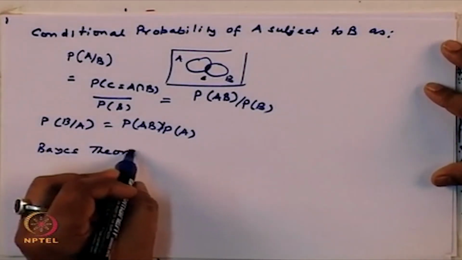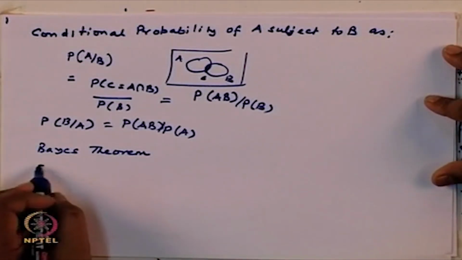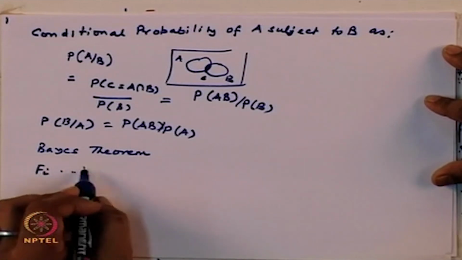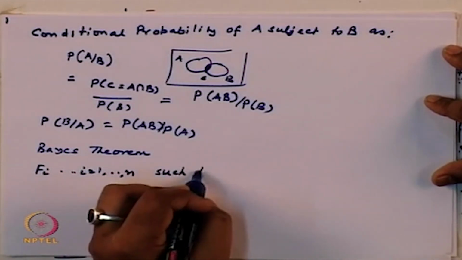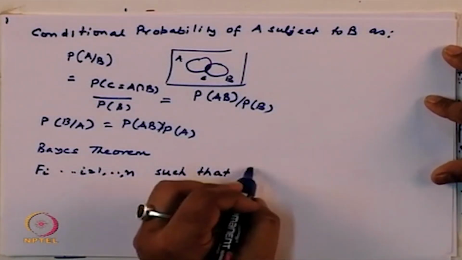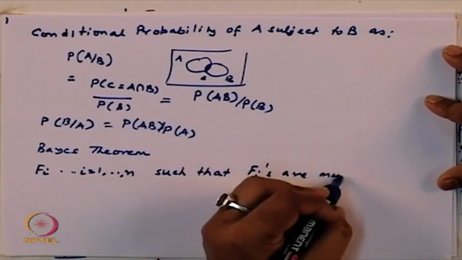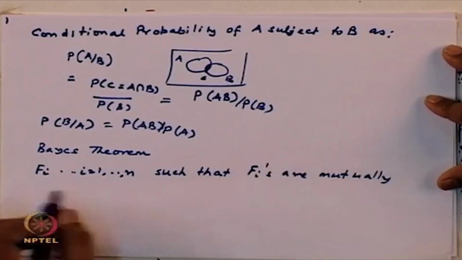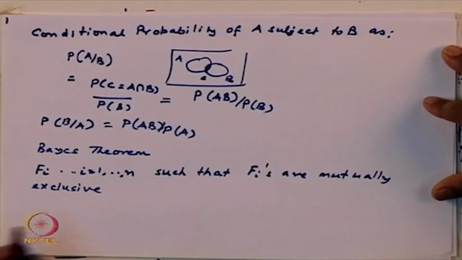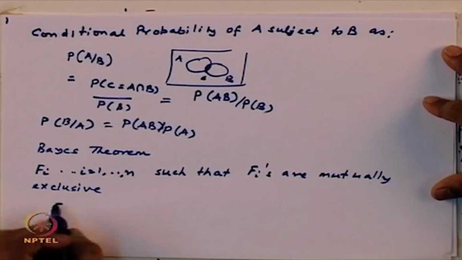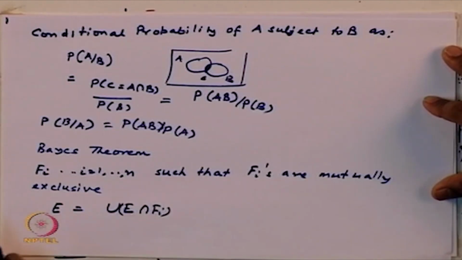Another important idea we had discussed was Bayes theorem. This also applies the idea of conditional probability. So, if you have events F I, I equal to 1 to n, such that these F I's are mutually exclusive, right, you can write some event E as simply the union of E intersection F I. Okay.